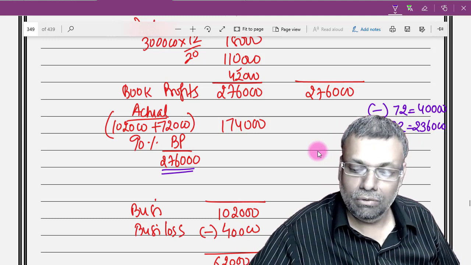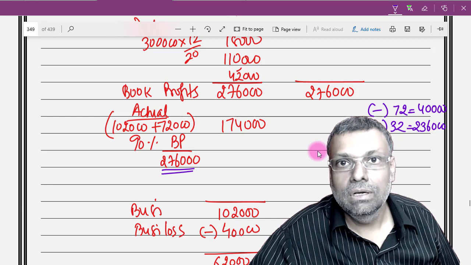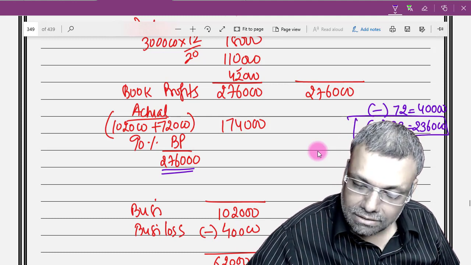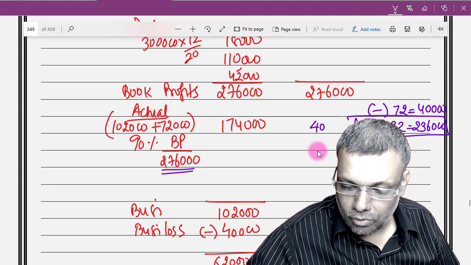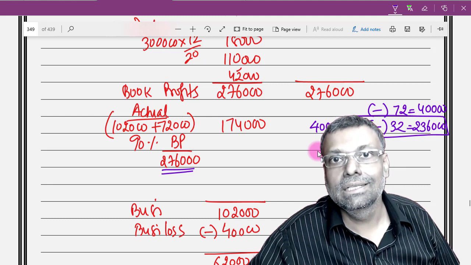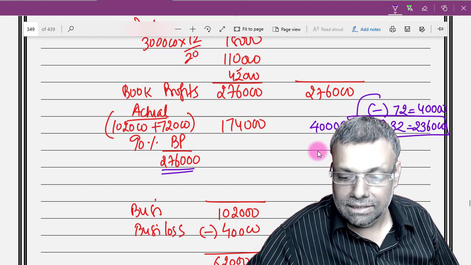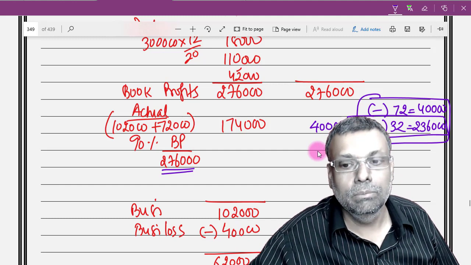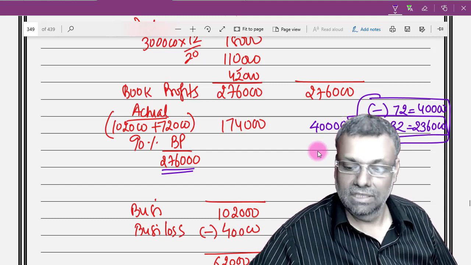So if there was a brought forward depreciation, my book profit will be 2,76,000 minus section 32 adjustment. So it is going to be only 40,000. But this is a notional calculation. This is a set off which I have considered only to get the amount of the book profits. Is that clear?